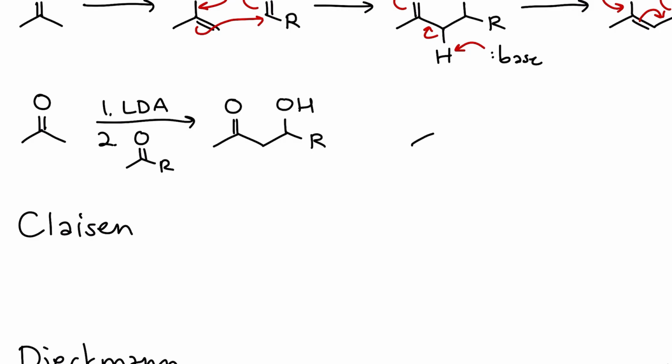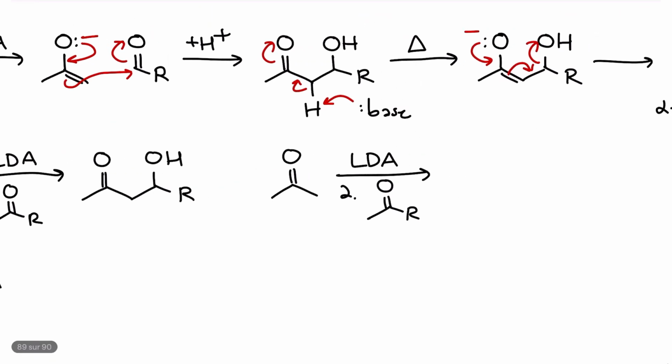And if you give it some heat, same thing, LDA, but this time you're going to mix it in one pot. So it's going to be LDA and then, I drew a ketone, not an aldehyde.